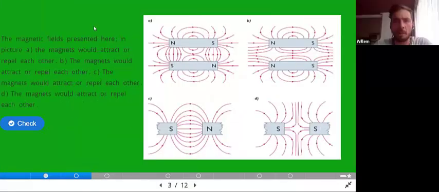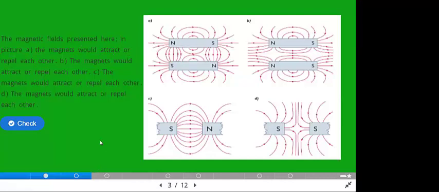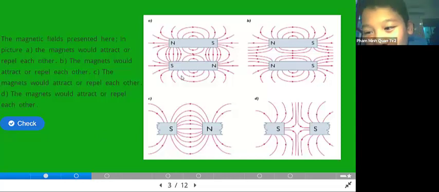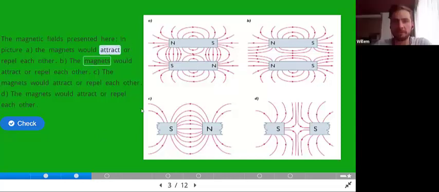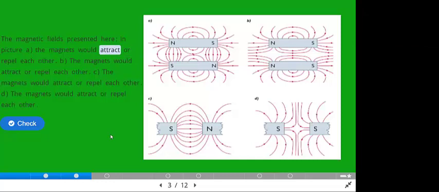Now, for the magnetic fields presented here in picture A, would the magnets attract or repel each other? Attract. Okay, why do you say so? Unlike poles.